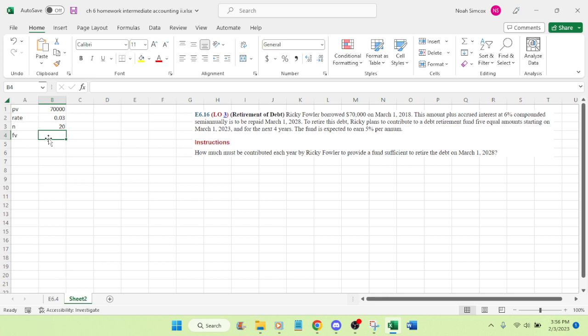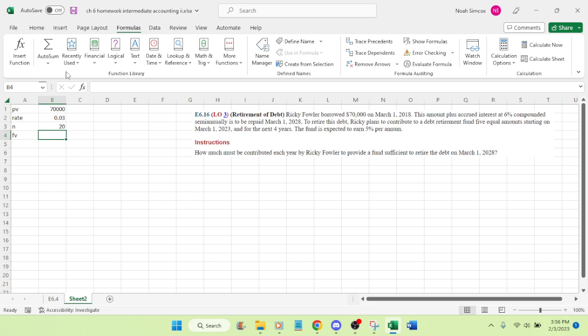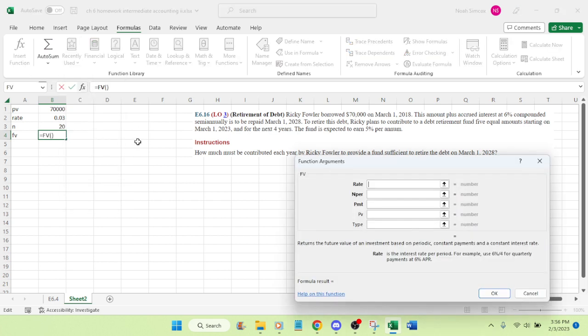So it's going to be the rate of 0.03, number of periods is 20, and the present value is this.